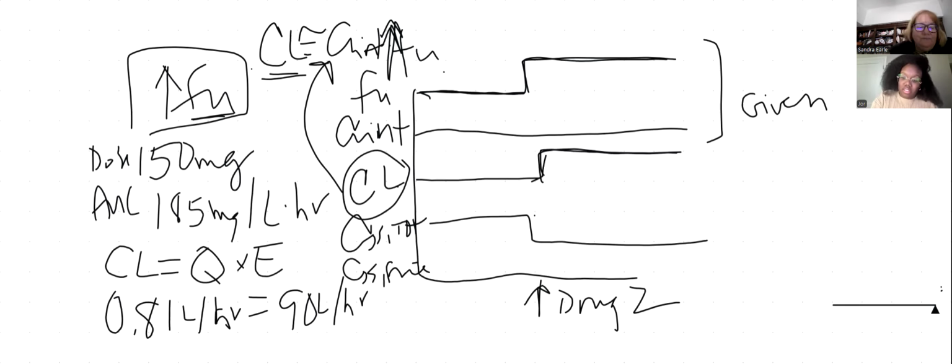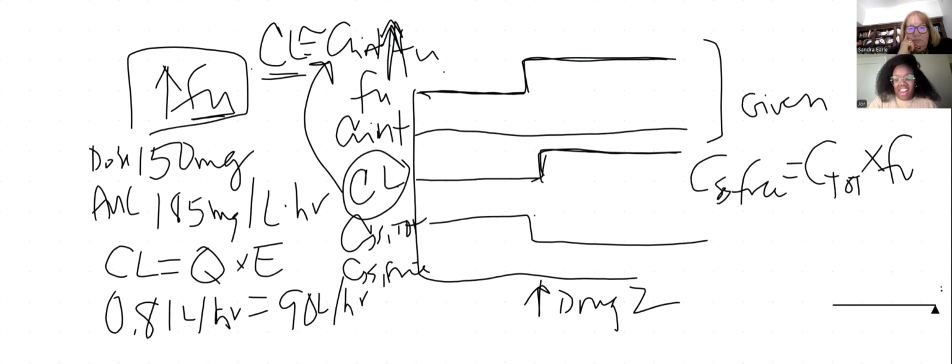So to get CSS free, you did this without thinking. You said total times the fraction unbound. Total is 100, and this is 10%, so this is going to be 10.